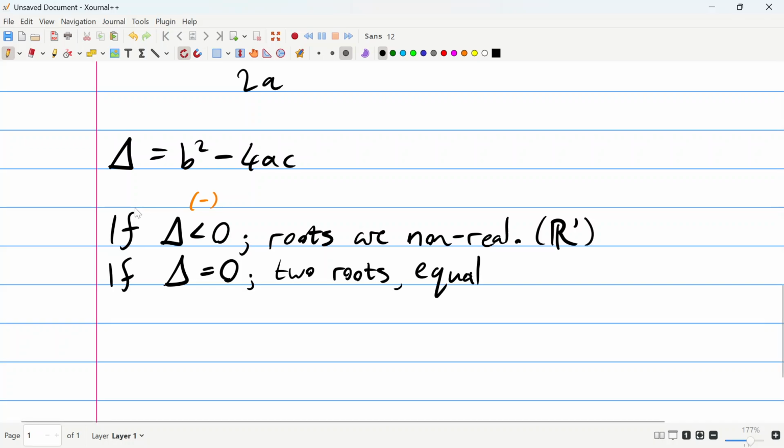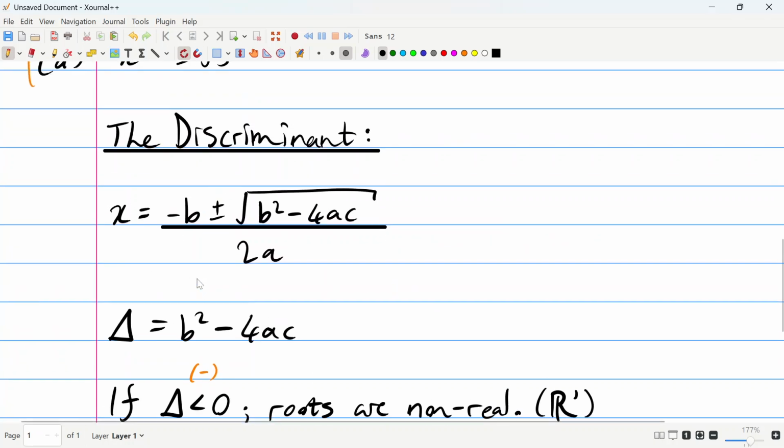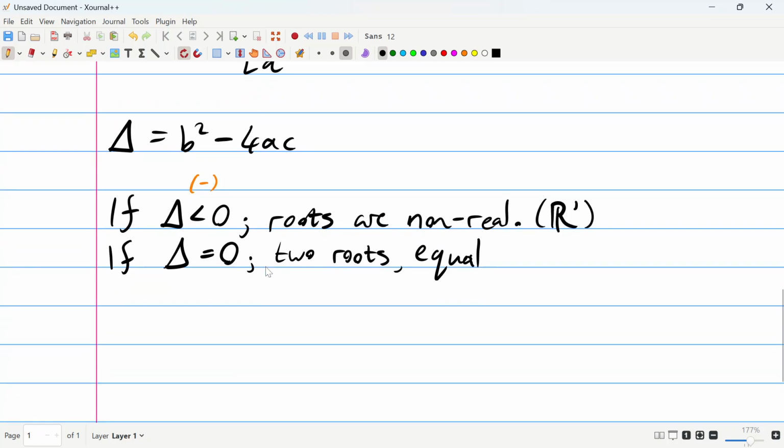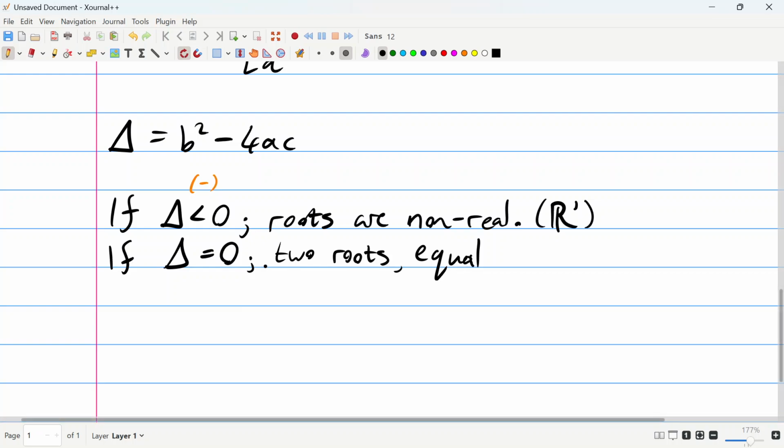Because look here, think about this, right? If you have the value of 0, the square root goes away, and you're just going to have the same value for the roots, okay? So there are two roots, and they are equal, and they have to be rational. Because it's not going to give us that square root anymore. The square root is gone.